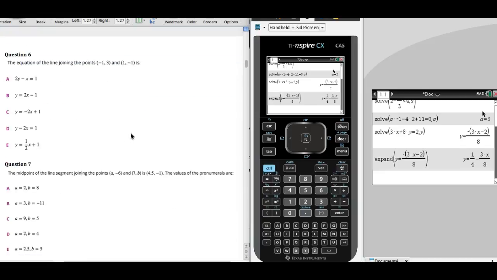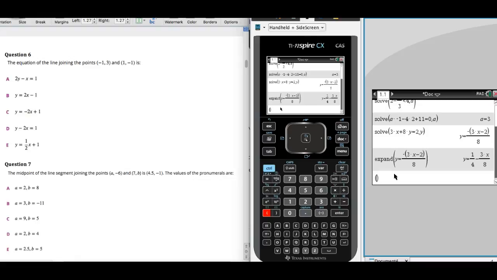The equation of the line joining the points -1 and 1, -1 is... now this one here is horrible when they don't put them all in y equals mx plus c. That's all right, we can deal with it. Let's first of all find the gradient. I'm going to do it on the calculator because you should be able to do this now.